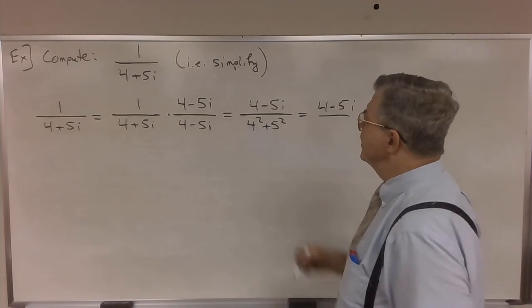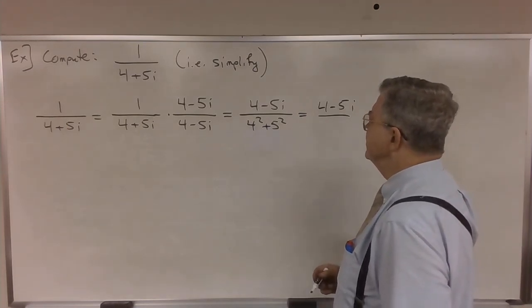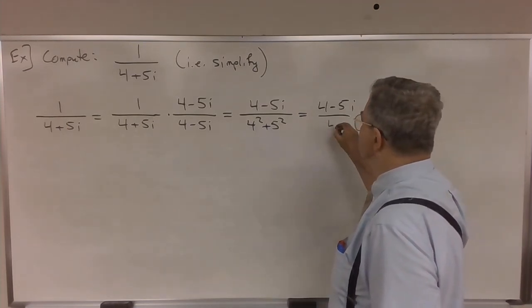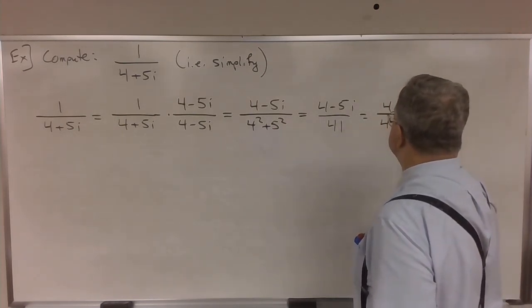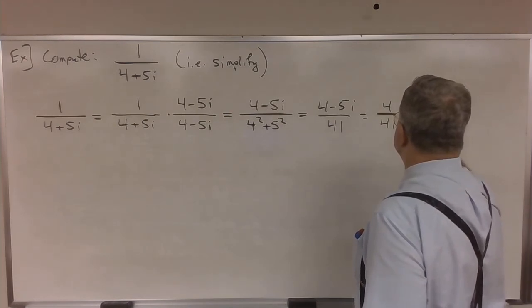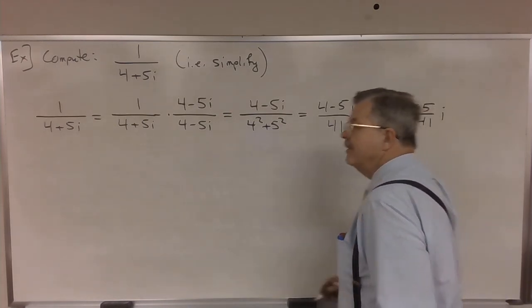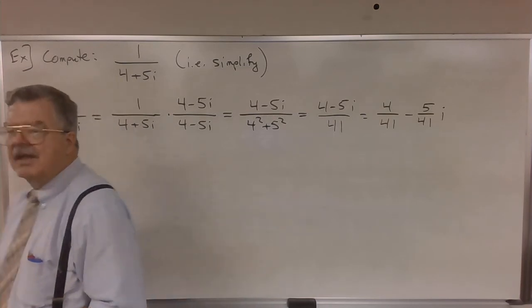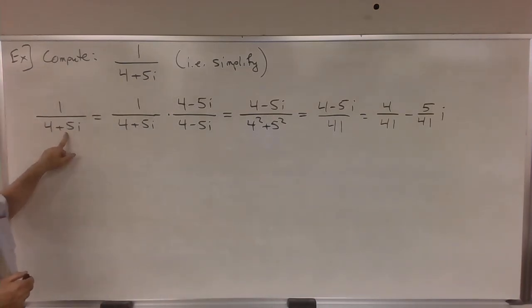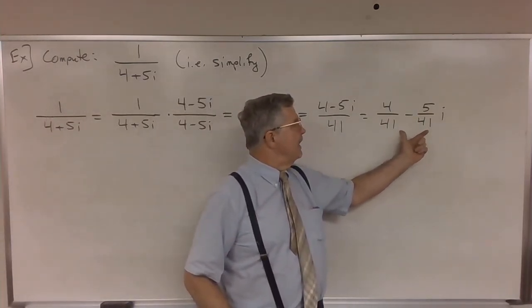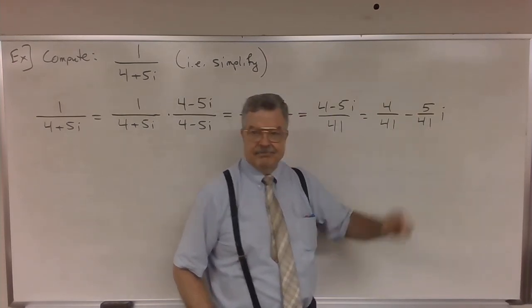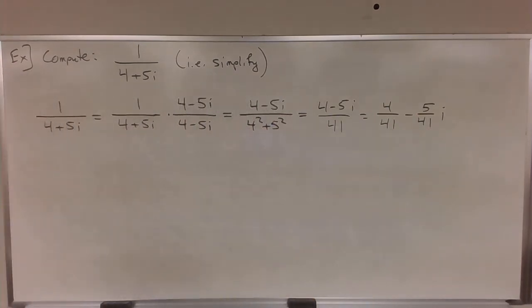So what is that? 41 maybe? 16 plus 25, I think so. There. So we took the reciprocal of a complex number and just wrote it in standard complex form, a plus bi. Excellent.